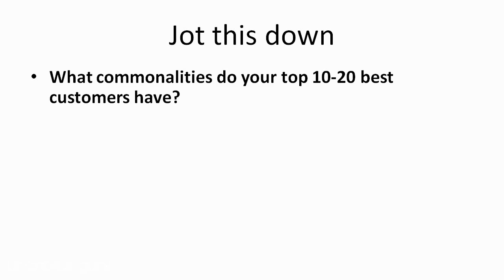So once you have an idea of those top 10 or 20 folks that are going to be your best prospects, what you need to do is sit down and think, okay, what are the commonalities that your top 10 or 20 best prospects or customers have in common?